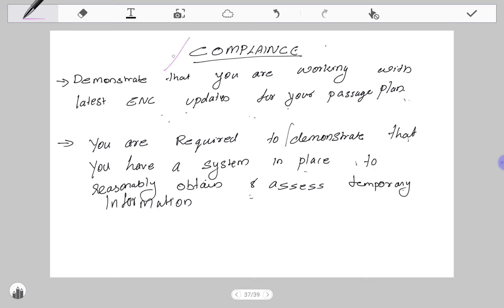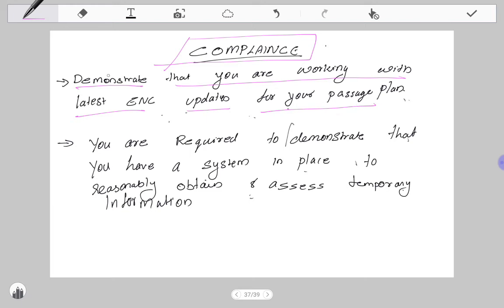Another thing is compliance. During vetting inspection, most vetting inspectors want us to demonstrate that we are working on the latest ENC update for our passage plan.